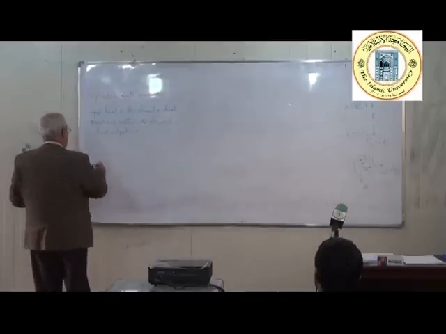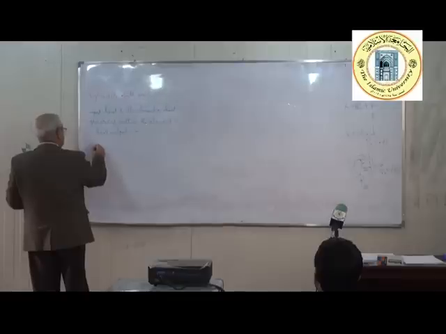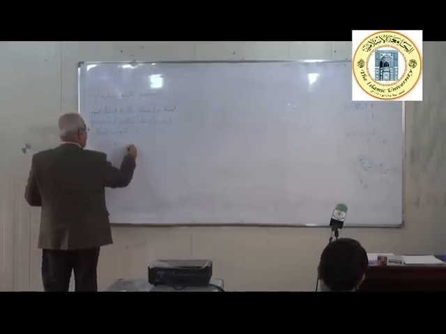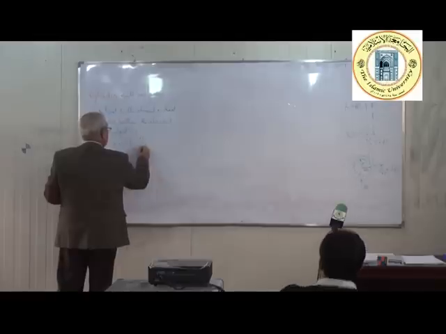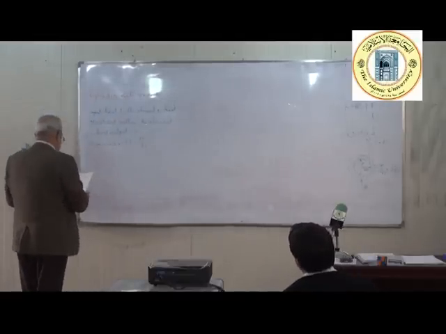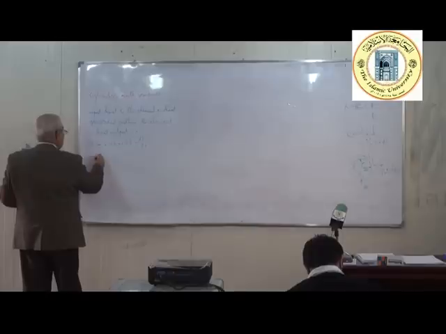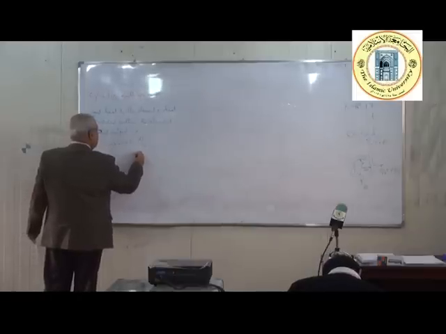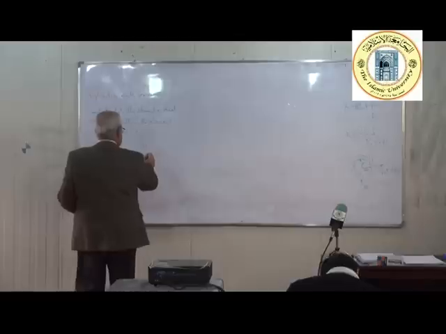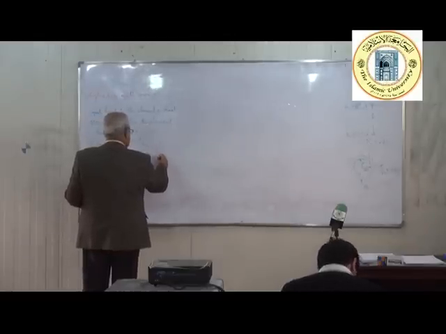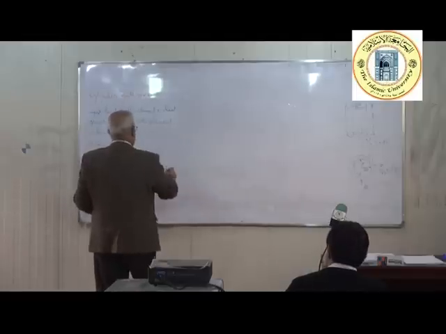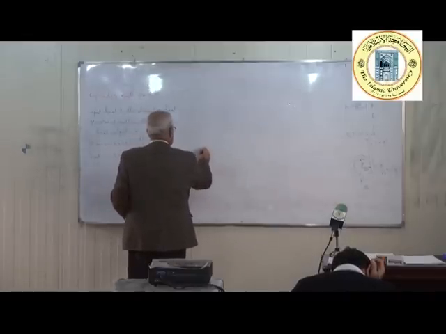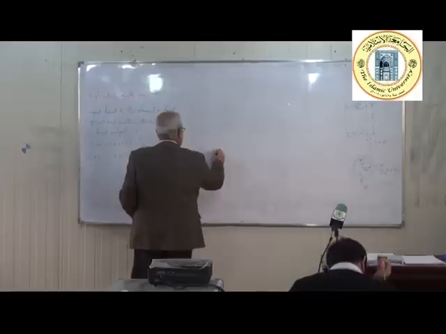Q in equals minus K 2 pi R L dT by dr. Q out will be equal to minus K 2 pi R L dT by dr plus d by dr of (minus K 2 pi R L dT by dr) times dr.